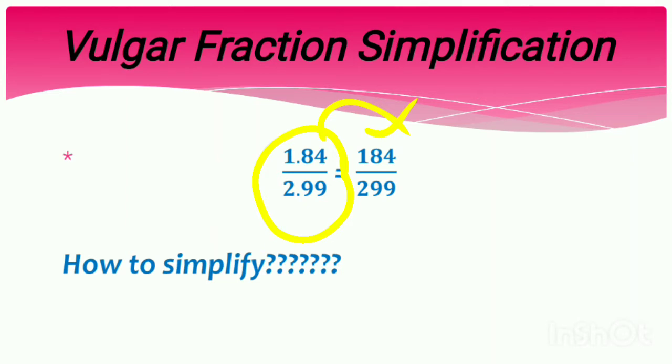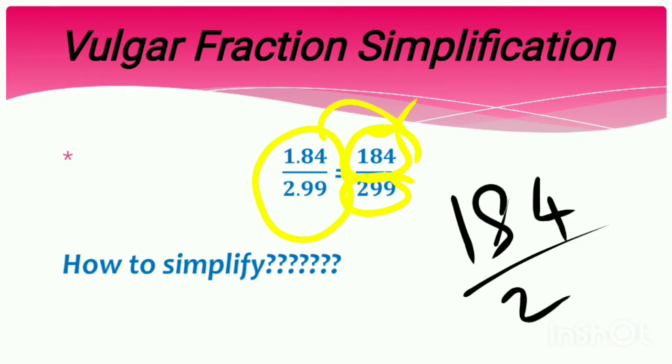Okay, non-decimal number. 1.84 is multiplied by 100, so that we will get 184, and denominator is also multiplied by 100, so that we will get 299. Here my question is, we have 184 by 299.